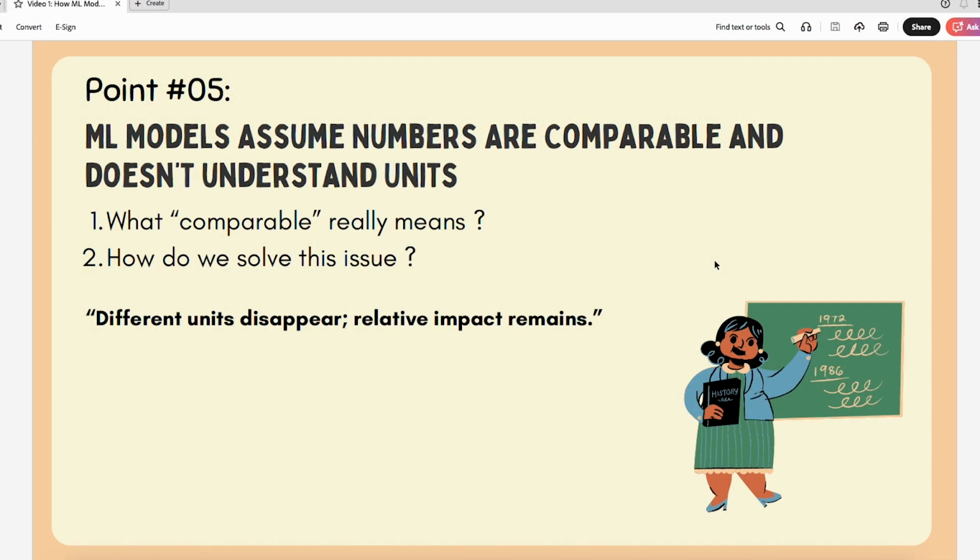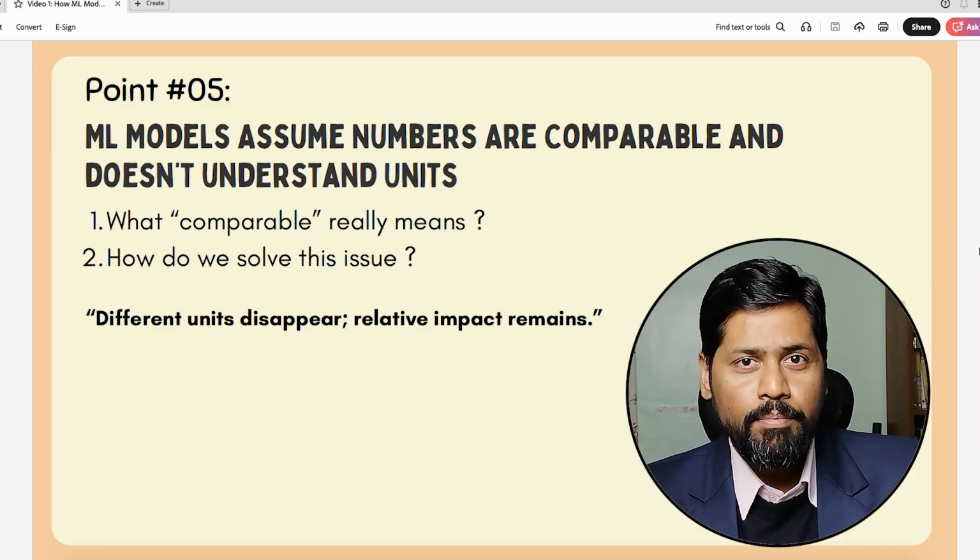Why? Because a model does not understand units. When a model compares two numbers, it basically assumes that both of these numbers are comparable, because the model by itself has implicitly no idea regarding the units of those numbers.